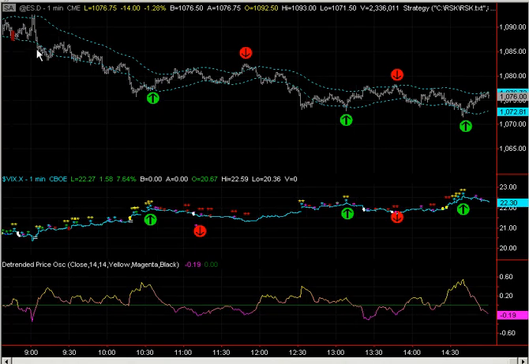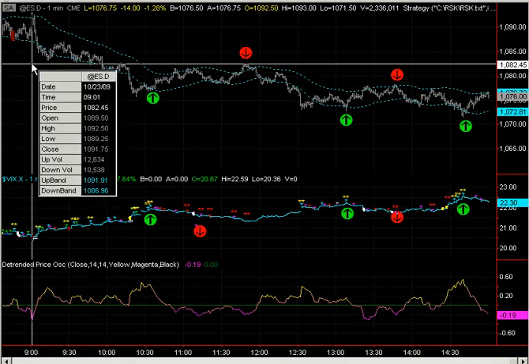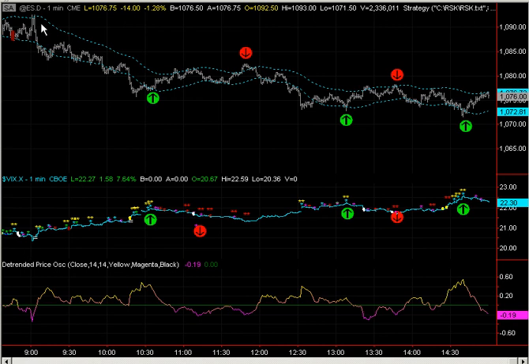Shorting it up here, or at the open, down to this point here, is roughly 4 points. 14 points. From here to here, 5. From here to here, 10. From here to here, 4. From here to here, 6. Add them up. By simply looking at divergence and knowing how to read it, you can really, really do well.